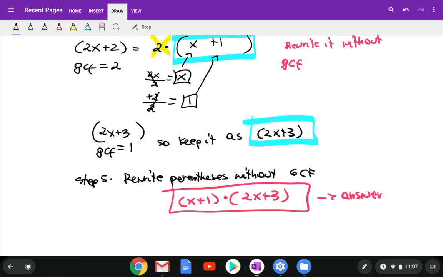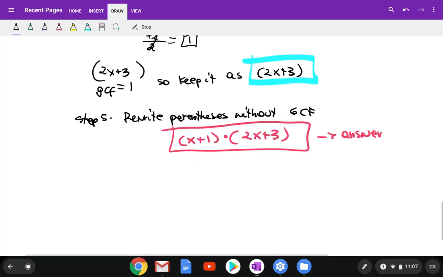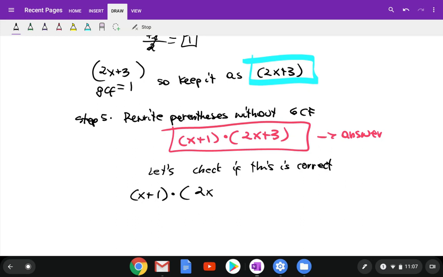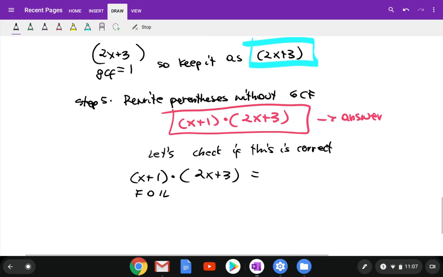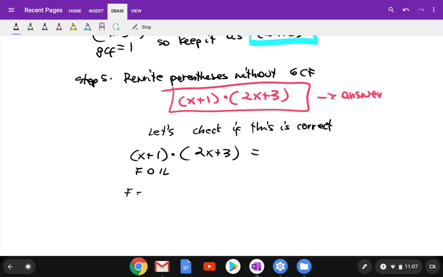Again, if you're not sure what you're doing, you can always FOIL, multiply, and again, let's just FOIL once, so let's check if this is correct. So x plus 1, let's review that FOIL, times 2x plus 3. F stands for first.